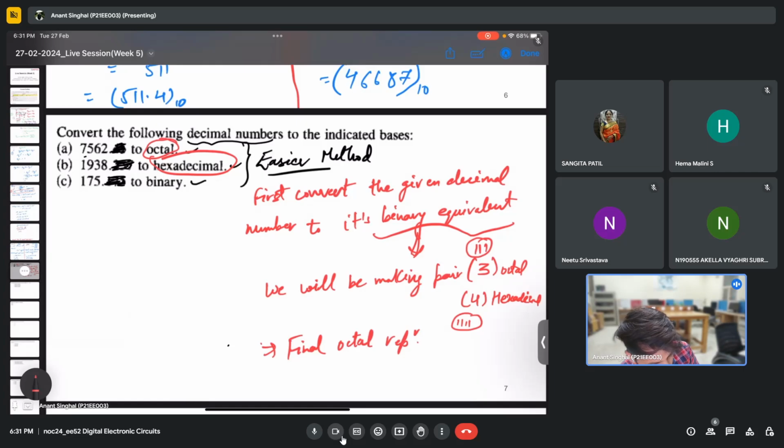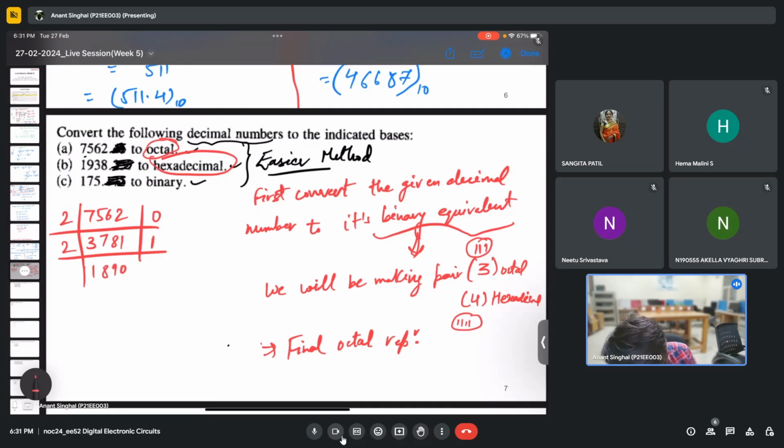So I'm trying to do the same for the first part, that is 7562. So we will be going for the binary conversion. I'll be doing the division. So this is 3781, and the remainder, I guess, is 0. Now this is 1890, this will be one remainder.